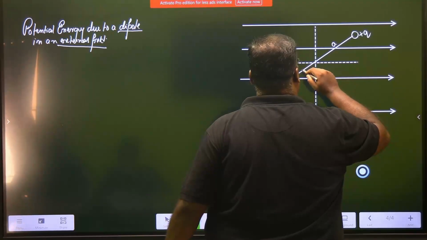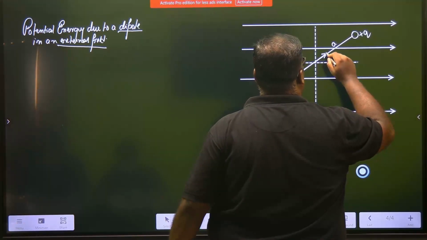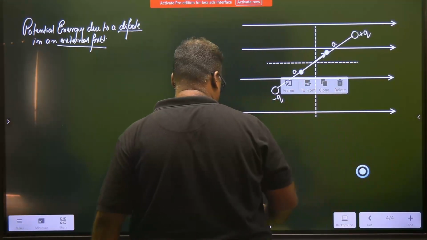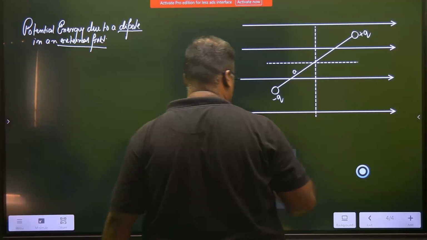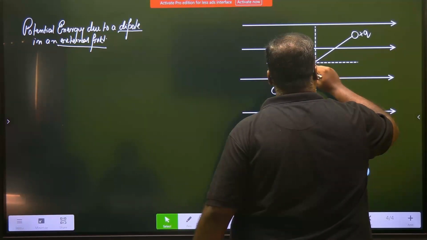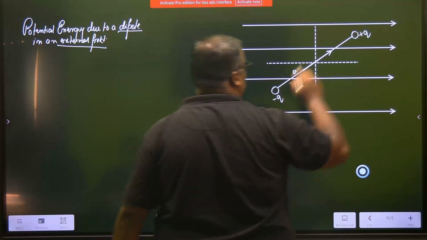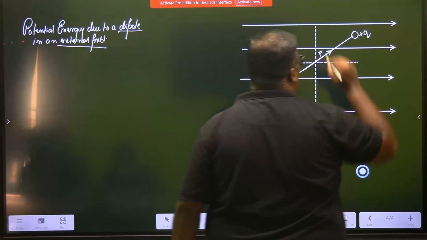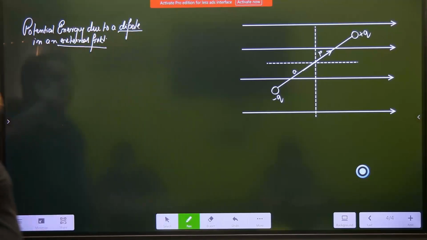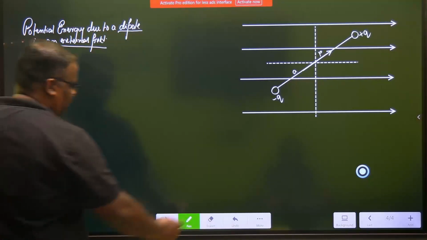So the electric dipole moment is in this direction. This is the electric dipole moment P.